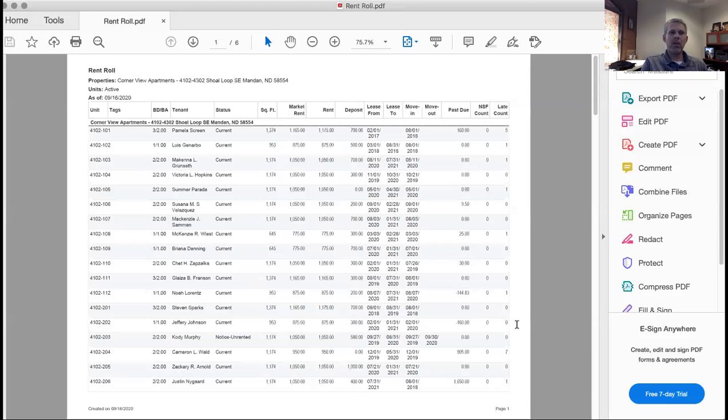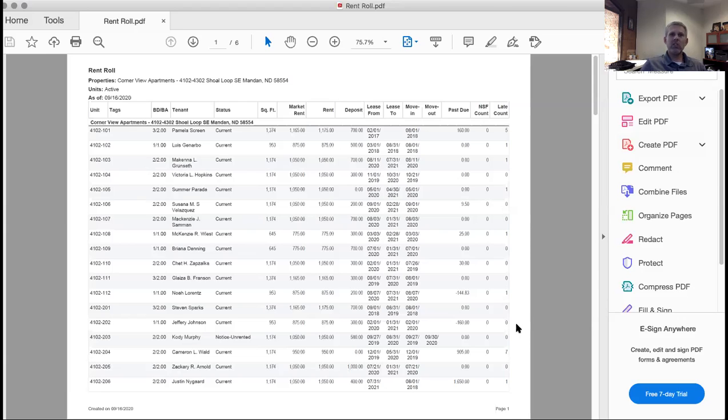The first thing I'm going to start off with is, what is a rent roll? Well, in a real simple version for an investment property, you have tenants in there and they're paying rent and they're in there for a period of time, the length of their lease. They have a certain square footage they take.